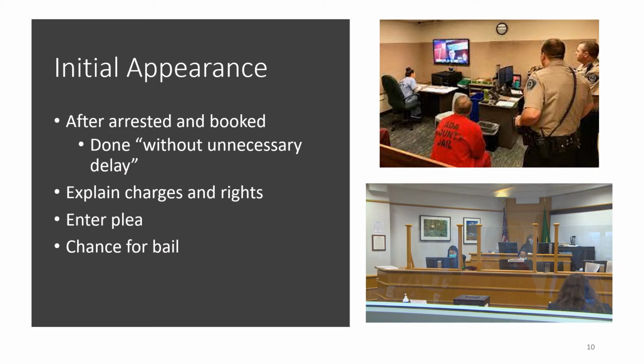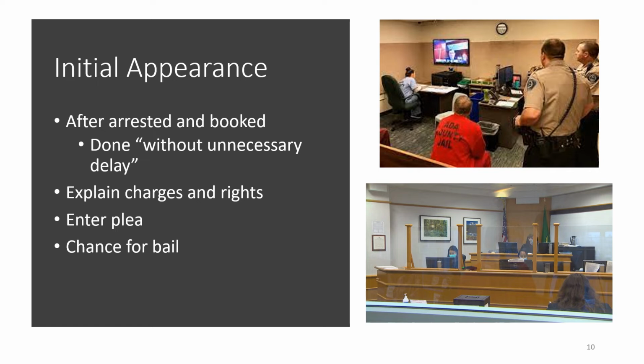So after a person is arrested, booked, and formally charged, or even before they're formally charged, they have an initial appearance. And that occurs after arrest and after booking. Sometimes it's done before charging, or after charging, but most times it's done before charging.